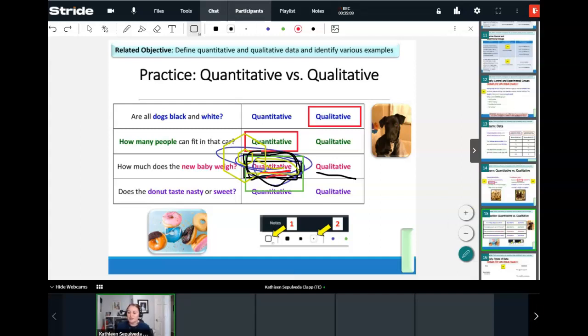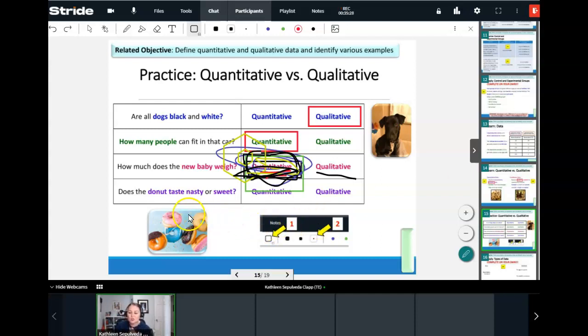Be careful, Johnny. I think you were going to say quantitative, not qualitative, because again, I'm asking how much a new baby weighs. If I speak numbers, I might say 6 pounds, 2 ounces, or 7 pounds, 8 ounces, then I'm speaking quantitative data, okay?